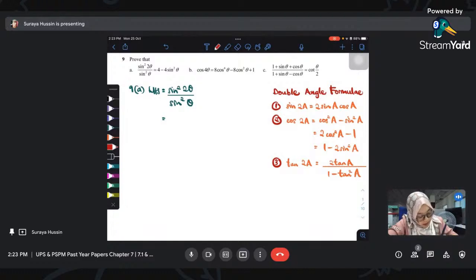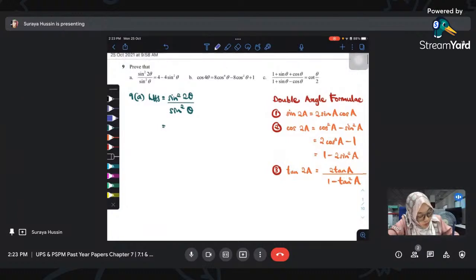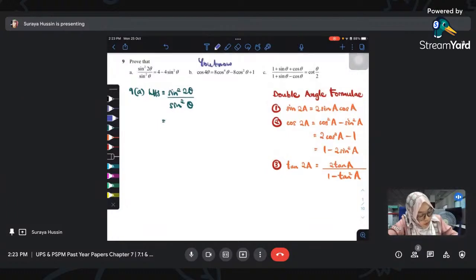You do understand that you know that sine 2 theta, sine squared 2 theta is equals to the whole thing squared. Apa yang the whole thing squared? Sine 2 theta. So this squared is actually equals to bracket squared. So what you have to do right now is just bring the squared outside.